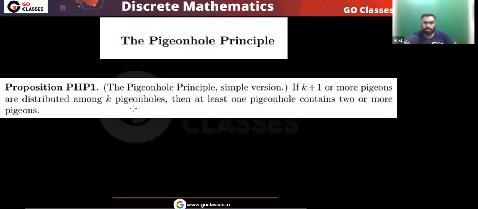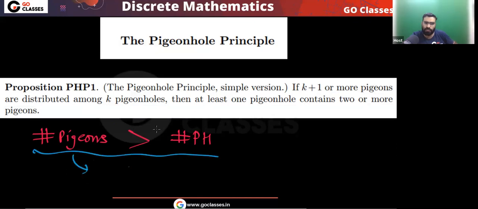Very simple. So if you have this type of situation where you have k plus 1 or more pigeons, meaning pigeons are more and pigeonholes are less, that is, the number of pigeons is more than the number of pigeonholes, then in this situation I can say at least one hole has 2 pigeons.